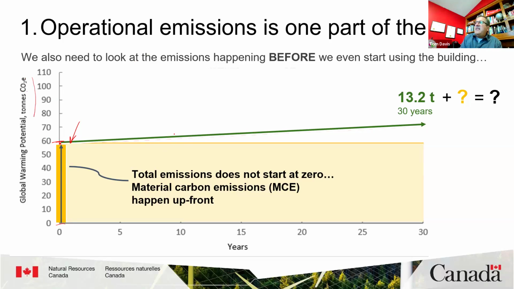So if we're starting out at 60 and we're adding our 13.2 tons, oh, I'm sorry, not per year. That's over 30 years, plus 13.2. So we have 73.2 tons CO2 equivalent as a total over the 30-year period. Sorry, I misspoke there.